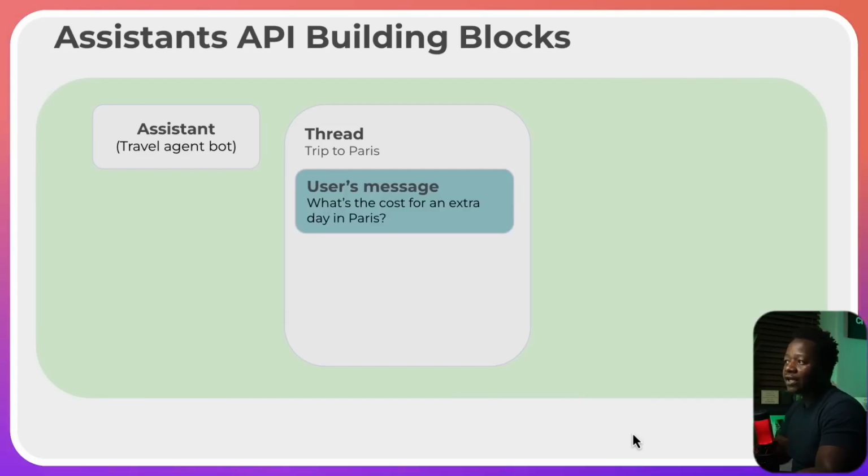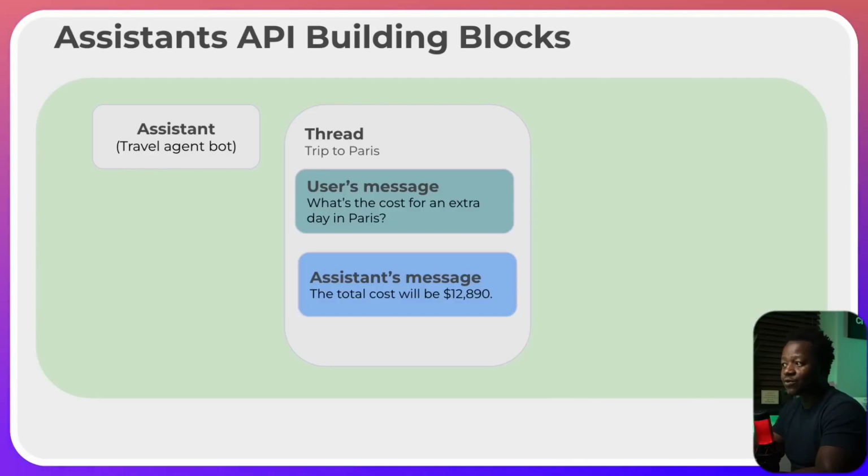So in this case here, a user may have a message that says, hey, what is the cost for an extra day in Paris? Okay, so that is a message that is going to be on a thread, which the assistant will have access to, as well as the user. And then the assistant's message would be the cost is 12,890, for instance, right?